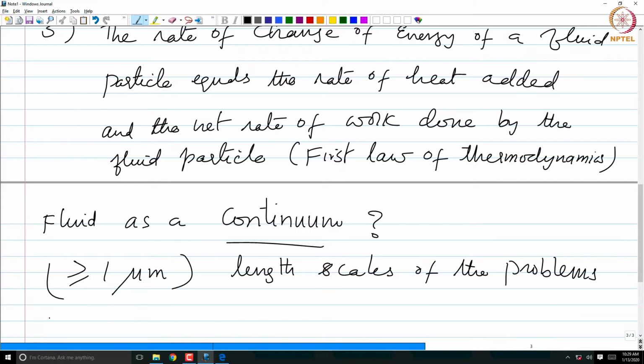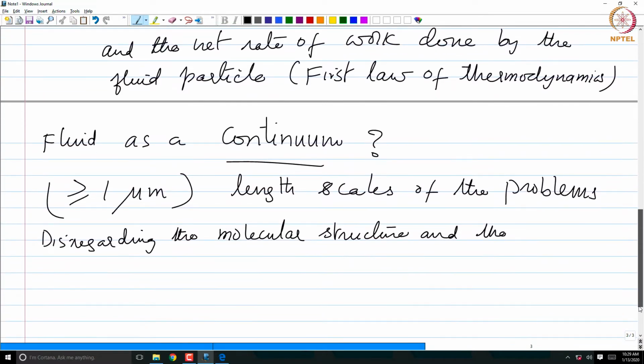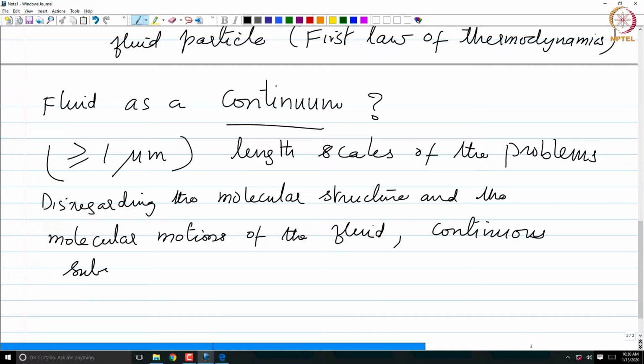Essentially the fluid is composed of molecules, but we treat it as a continuous substance, without any voids between the atoms. So that is a continuum.